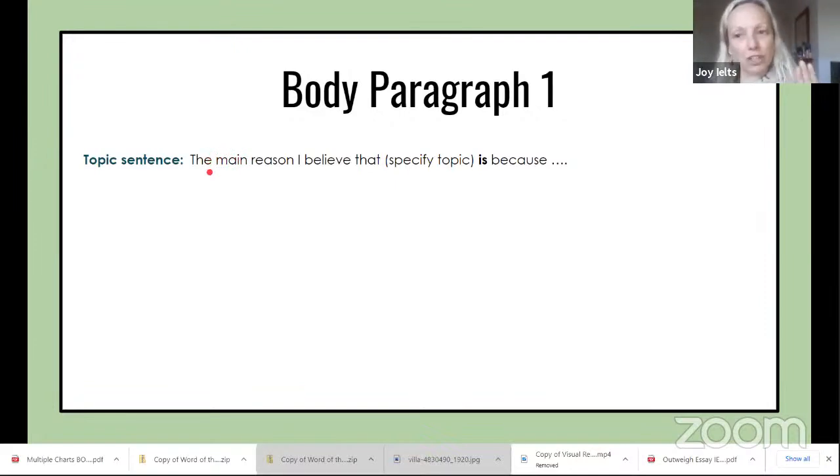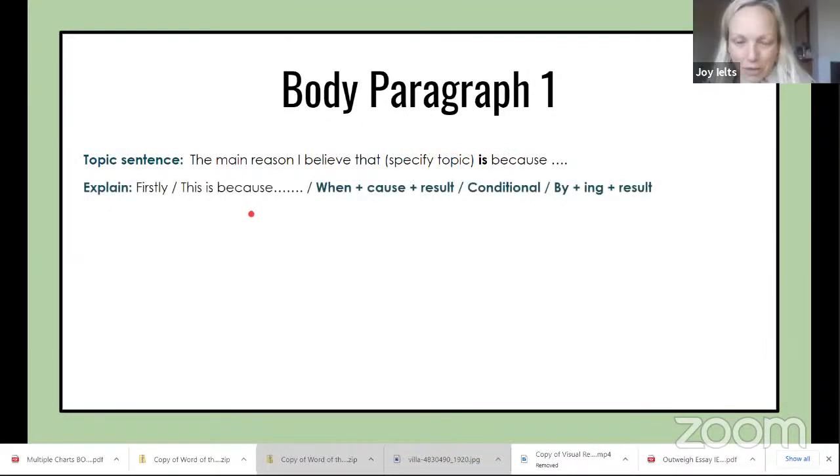And if it's a to what extent essay, your topic sentence is going to be the main reason I believe that extra physical education classes are beneficial is because. So you always need a topic sentence. Then I recommend after the topic sentence, you explain your idea.